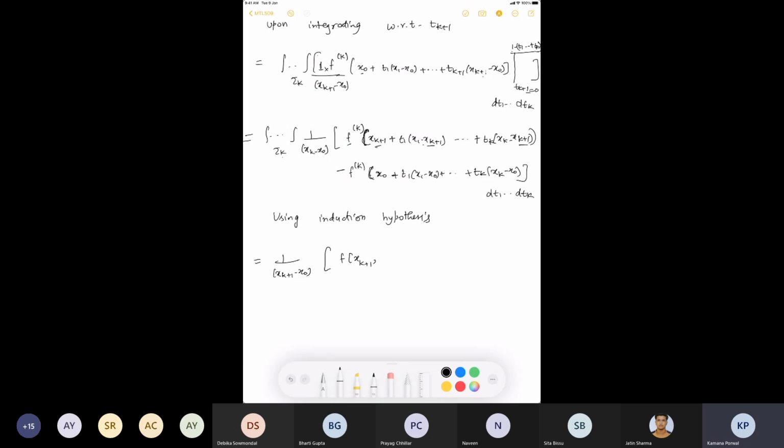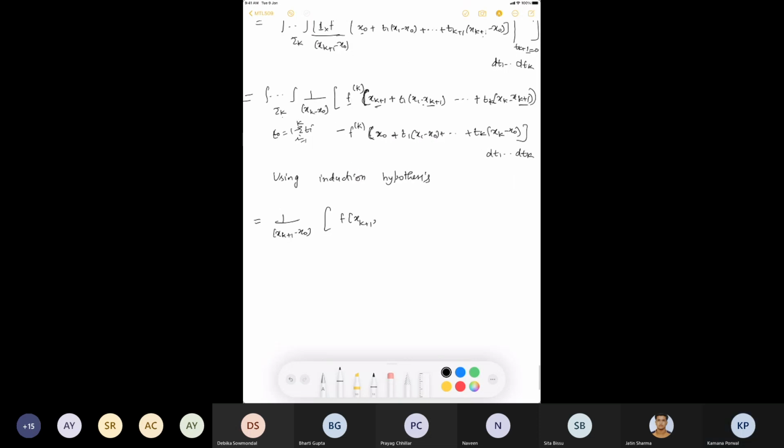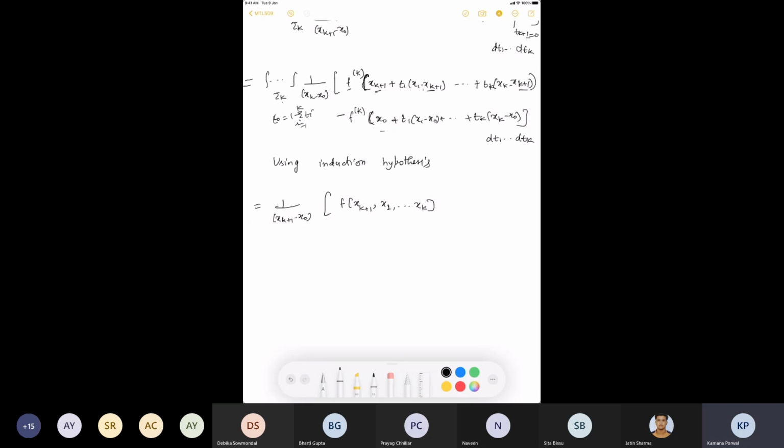And then for this, t naught is going to be 1 minus summation of ti, i is equal to 1 to k. Right? So I will get t naught xk plus 1 plus t1 x1 up to tk xk. So what are the indices I'm going to get here? Right? And same thing if I observe from here, this is going to be divided difference of f with the arguments starting from x0, x1 up to xk.